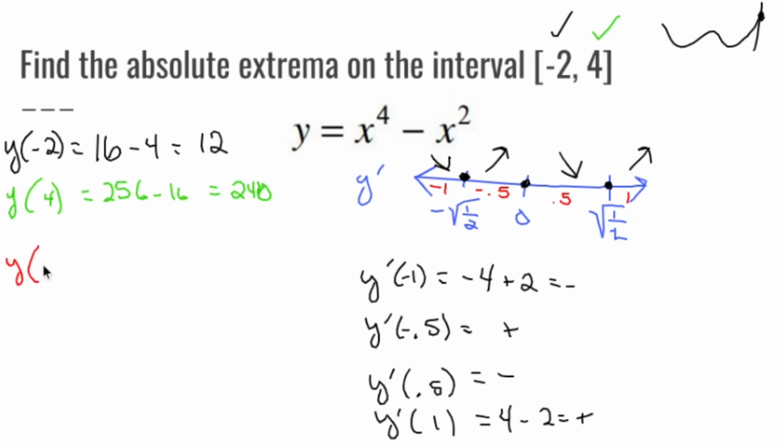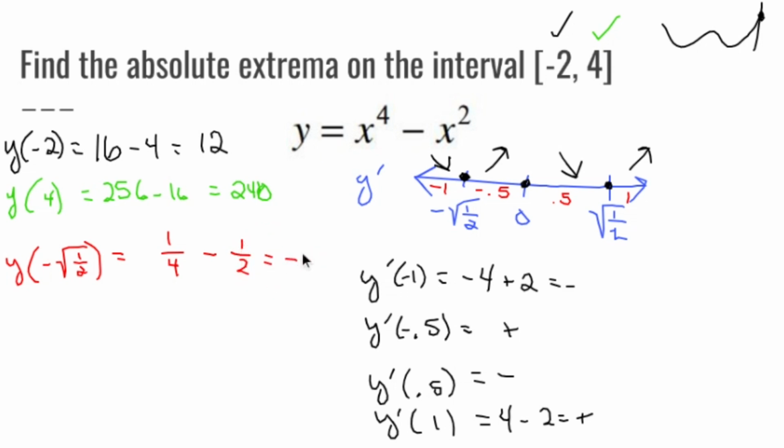Y of negative square root of a half. If I do 1 times 1 times 1 times 1, I get 1 on top. If I do 2 times 2 times 2 times 2, that's 16, so I get a fourth on the bottom, minus negative square root of a half squared, which is just a half.